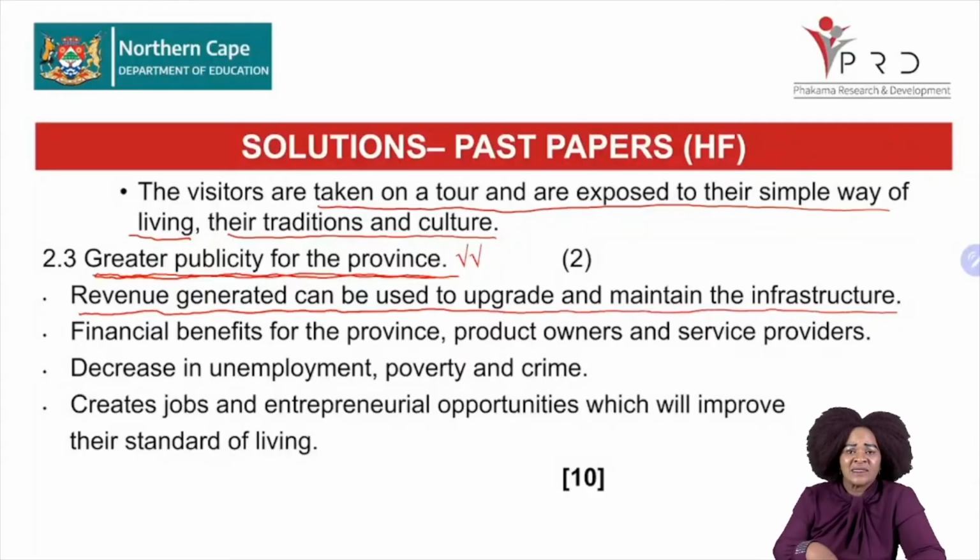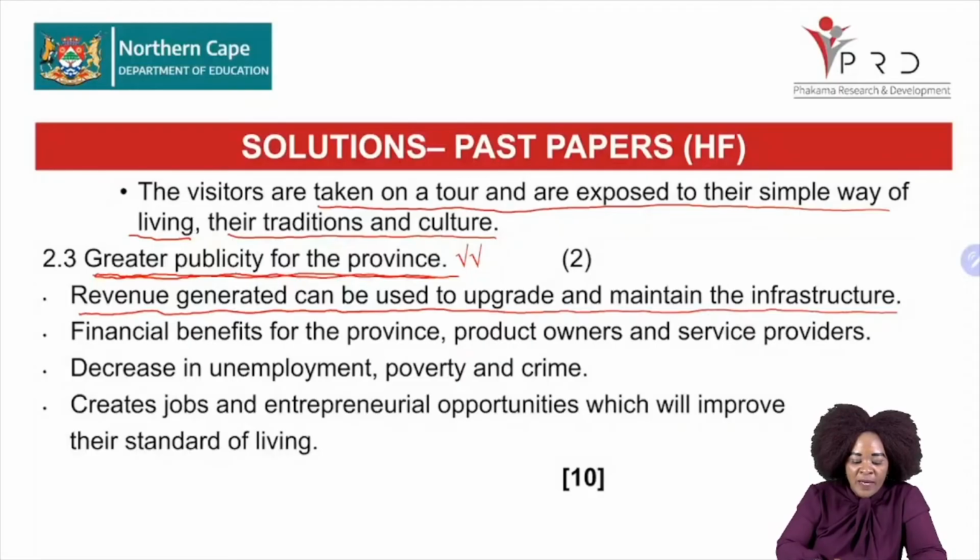There's a lot of businesses that will actually benefit from the tourists that are coming in. And now that revenue is generated in the province, meaning that the people who own those businesses in the province are actually making money out of the tourists that are visiting the 2 World Heritage Sites, because there are other businesses that the tourists get to use when they are in the Northern Cape province.